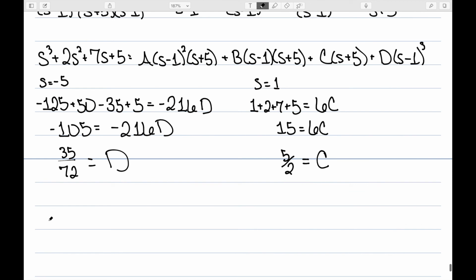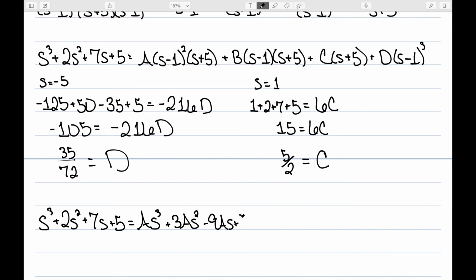Using that, I'm now going to multiply this right-hand side out. s cubed plus 2s squared plus 7s plus 5 is equal to A s cubed plus 3A s squared minus 9A s plus 5A.